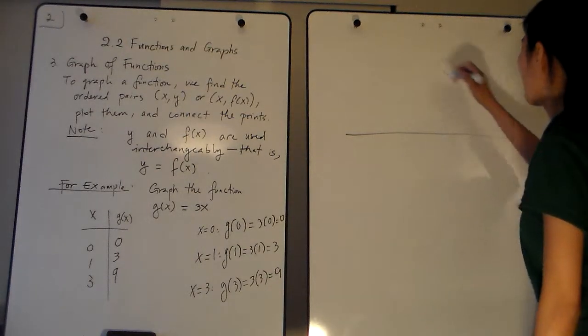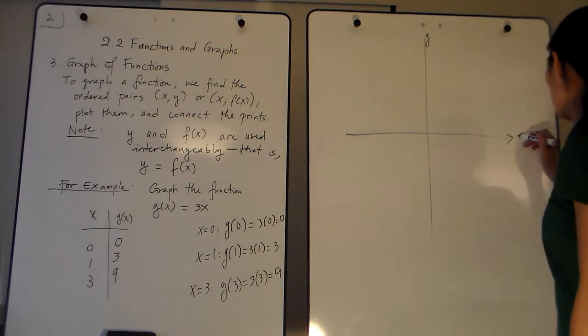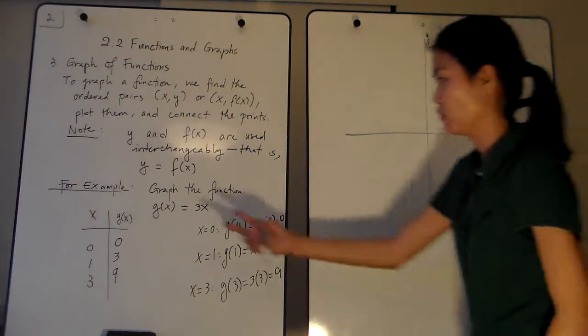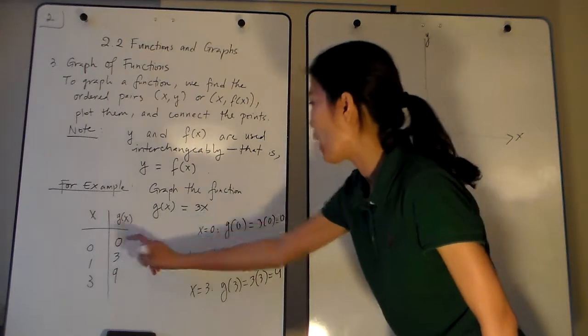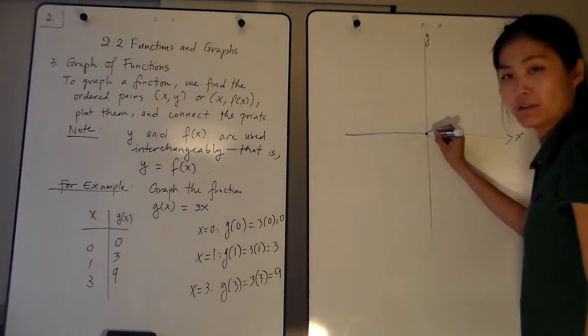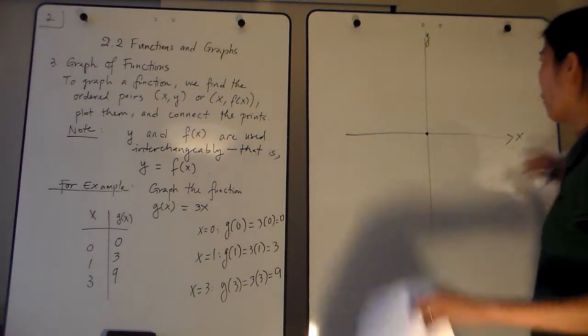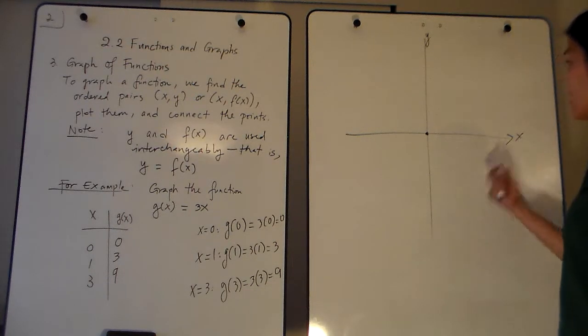We can graph them in the xy plane, because we have 2 variables. For the first ordered pair, when x equals 0, y equals 0, so we start at the origin. Remember, the origin is where the x-axis and the y-axis intersect.